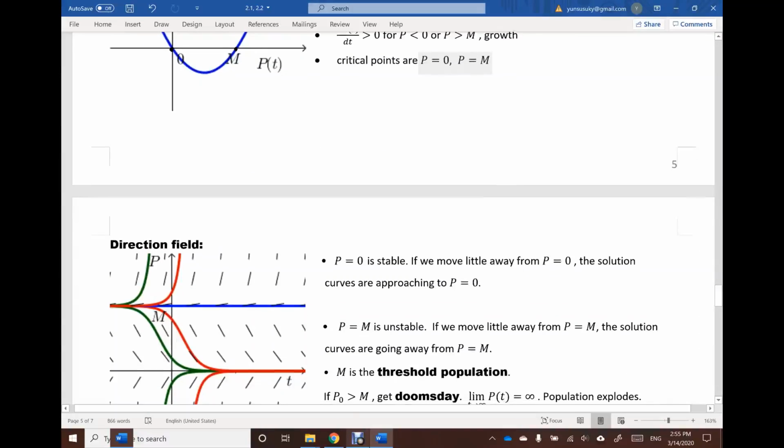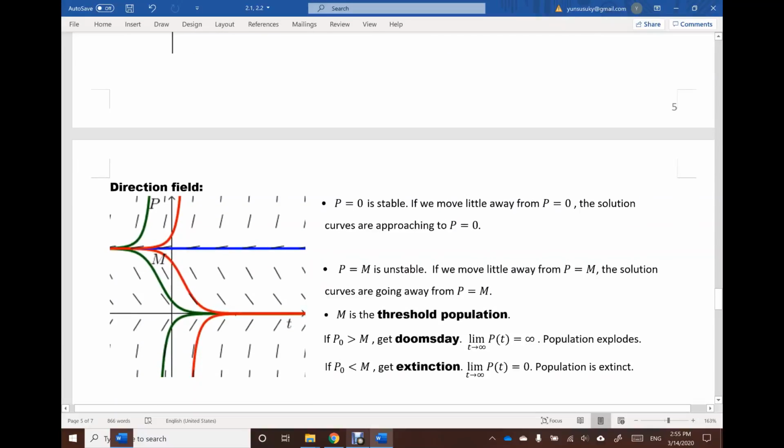If we look at the direction field, when P is between 0 and M, the solution is decreasing, so the solution goes down. For P less than 0 or P greater than M, the growth rate is positive, so the solution increases.